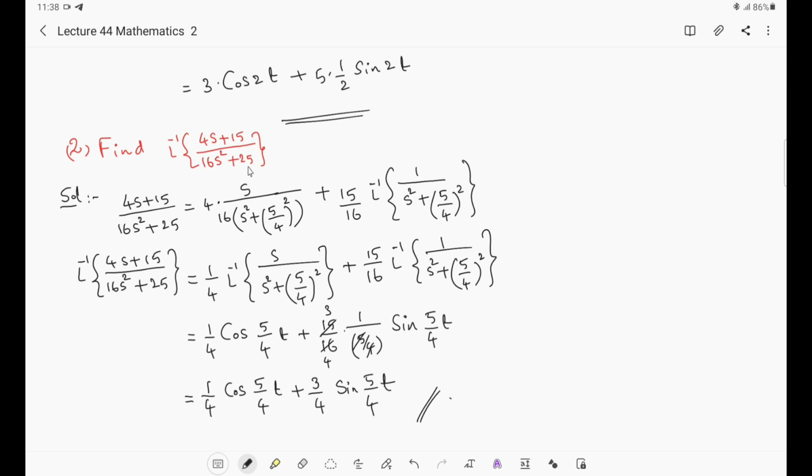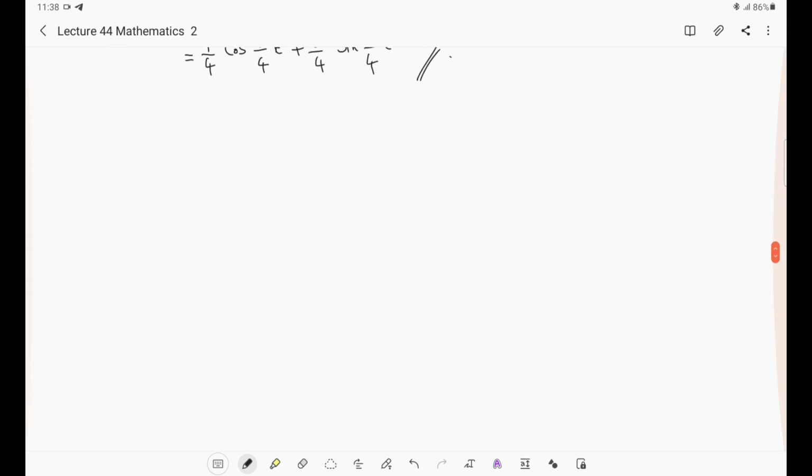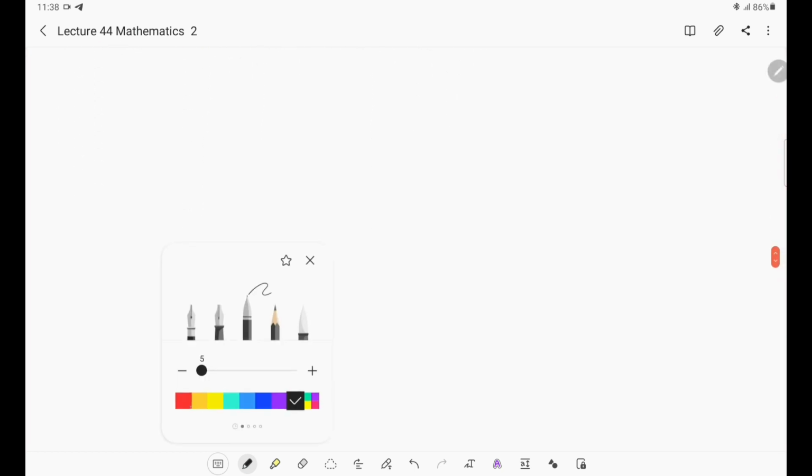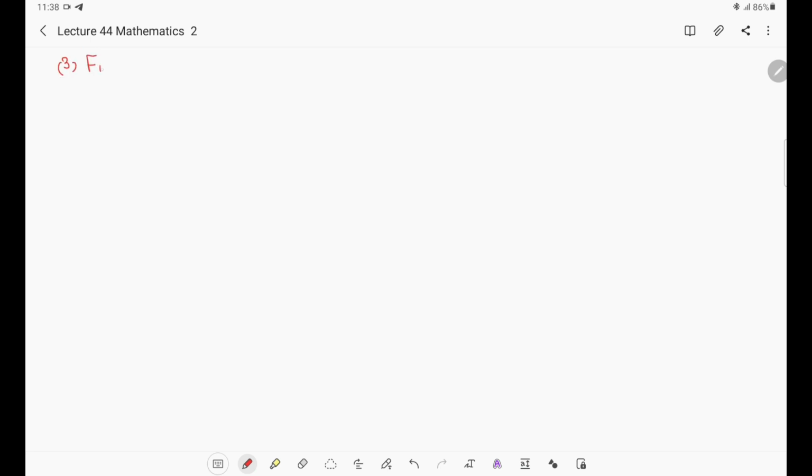Right? We will see one more problem, which is the third question. Find Laplace inverse transform of (2s square minus 4) by (s plus 1) into (s minus 2) into (s minus 3).